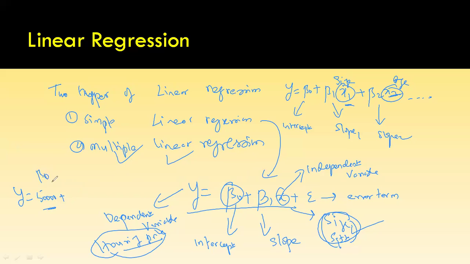This is called beta naught. And beta 1 is the slope. The slope is 200, which is also calculated by the model, multiplied by the size of the house.